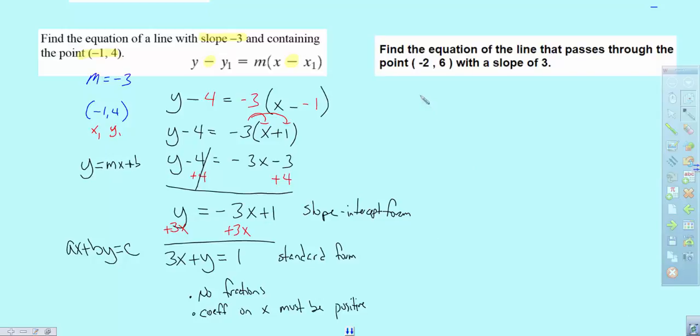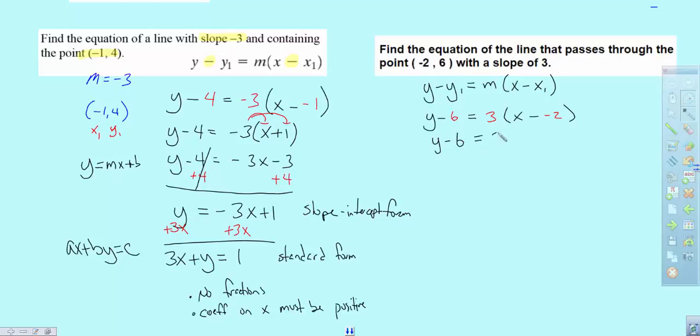So we have our equation, which is y minus y1 is equal to m times x minus x1. We plug in our numbers. Y minus 6 is equal to 3 times x minus -2. Clean it up a little bit.